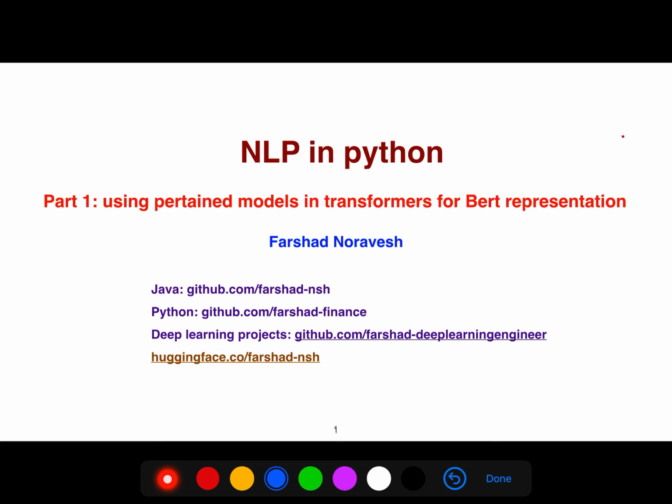And so the first lecture is about using pre-trained models in transformers for BERT representation. As you know, transformer architectures, those encoder-decoder architectures, are very popular, but still, old school LSTM, GRU, BiLSTM, BiGRU, and those old technologies, I love them because they are more scalable.